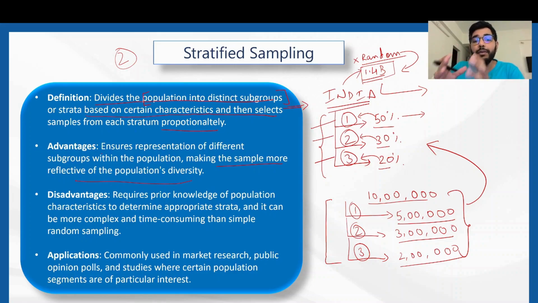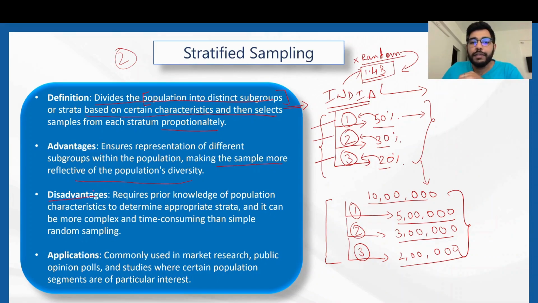This is why we use stratified sampling, so that the percentage population distribution in each of the states has the correct representation in the sample as well. This is one of the advantages of stratified sampling over random sampling.